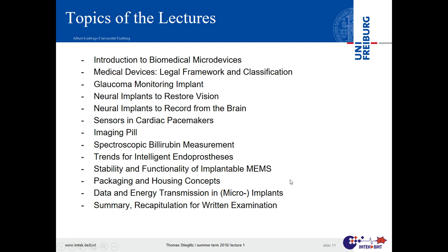We have stability and functionality of implantable MEMS that comes together with packaging and housing concepts. So the question, if we are inside the body and if we want to have long-term functional reliable systems, what does our body do with the MEMS?